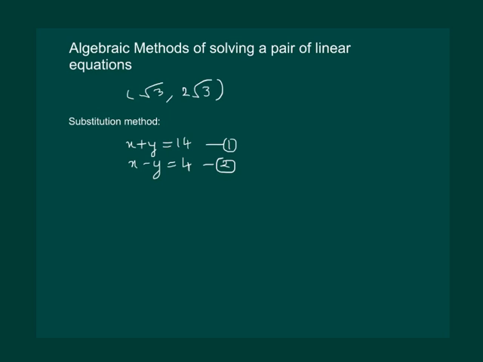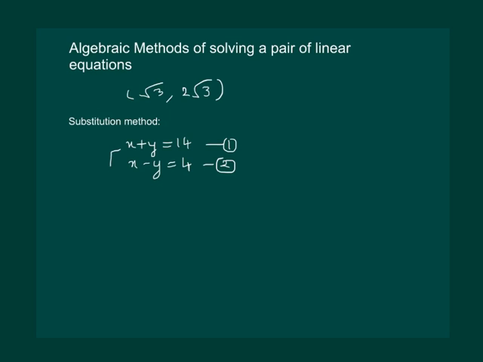For the substitution method, we find the value of one variable, say y, in terms of the other variable, that is x, from either equation which is convenient. So we start with the first equation and find the value of y in terms of x.